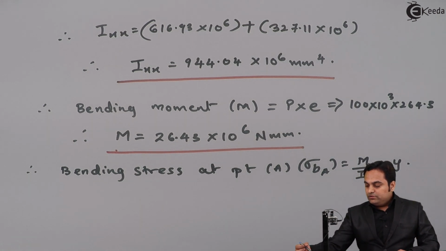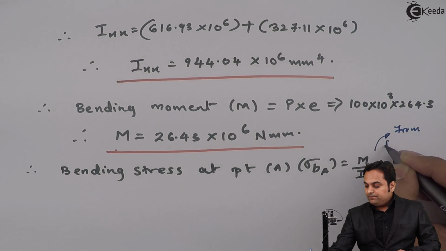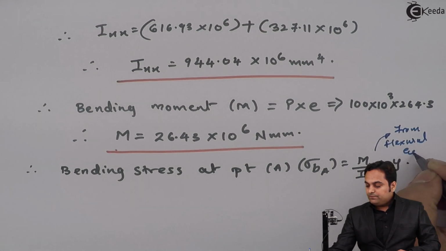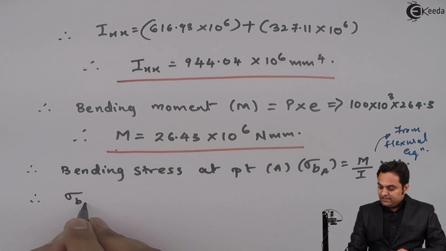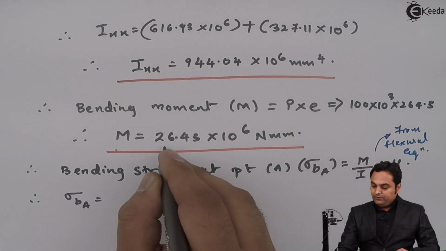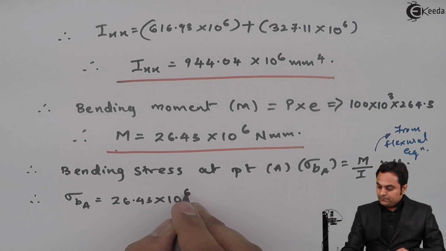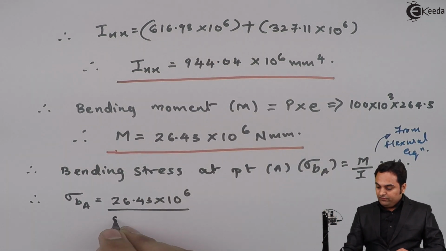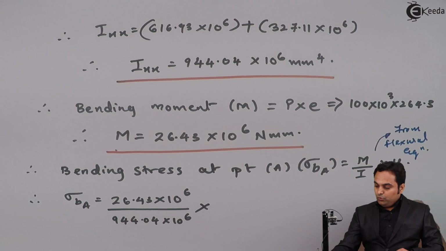So the bending stress at A will be the bending moment 26.43 into 10 raised to 6, upon I, 944.04 into 10 raised to 6, into y.